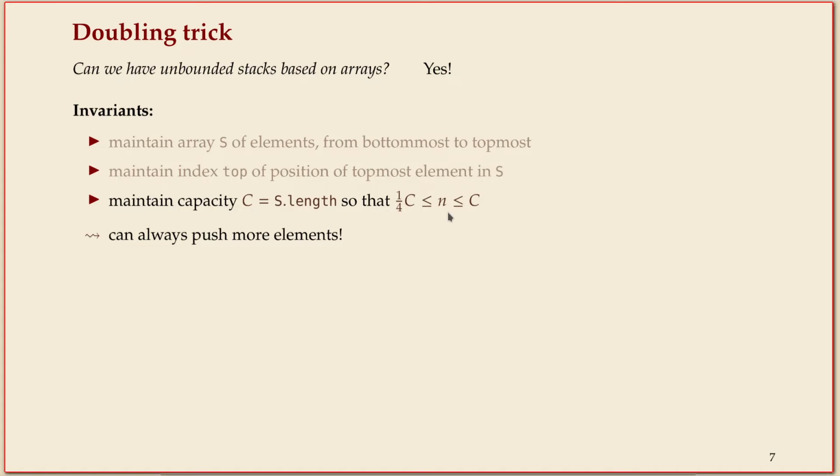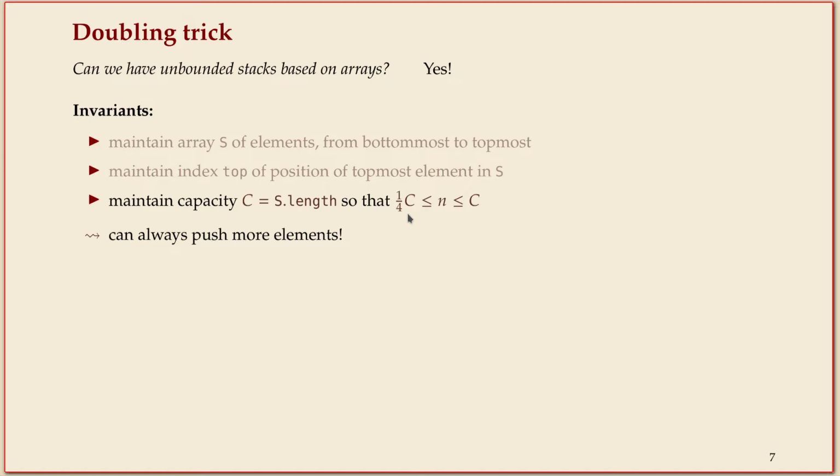One way to do this is to say, I currently have n elements in the stack. I want that my array that I'm maintaining, in which the stack is stored, has a capacity of at least n, because I have to store all the elements, but also never more than 4 times the number of elements.